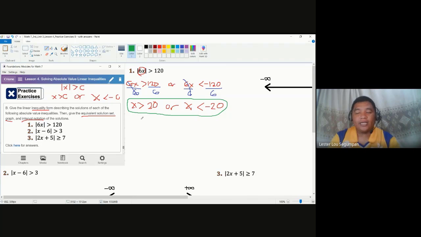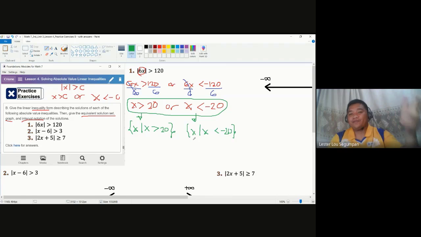Our solution set, again, is a combination of two different solution sets: the solution set for the first statement and the solution set for the second statement. So you have the set of x such that x is greater than 20, and the second one is the set of x such that x is less than negative 20.